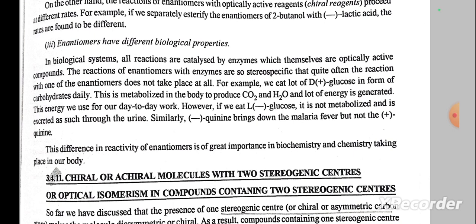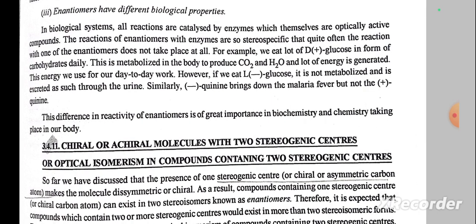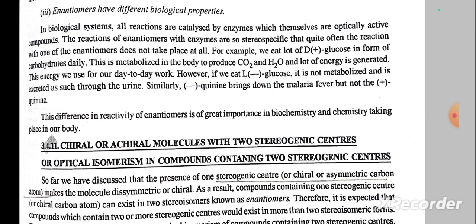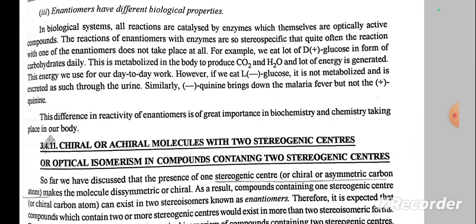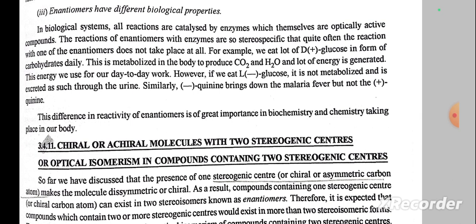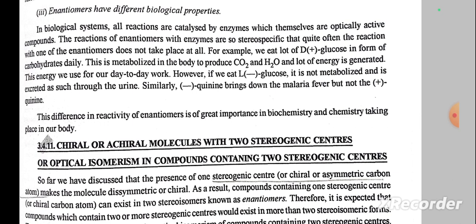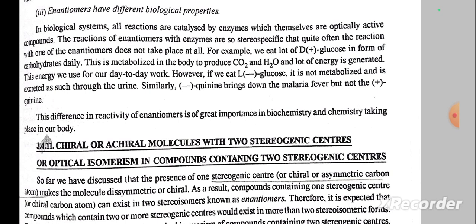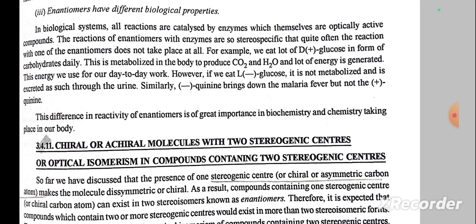For example, we eat D-positive glucose in the form of carbohydrate daily. This is metabolized in the body to produce CO2, H2O, and a lot of energy is generated. That energy is used for our day-to-day work. However, if we eat the L-glucose, it does not metabolize and is excreted through the urine.